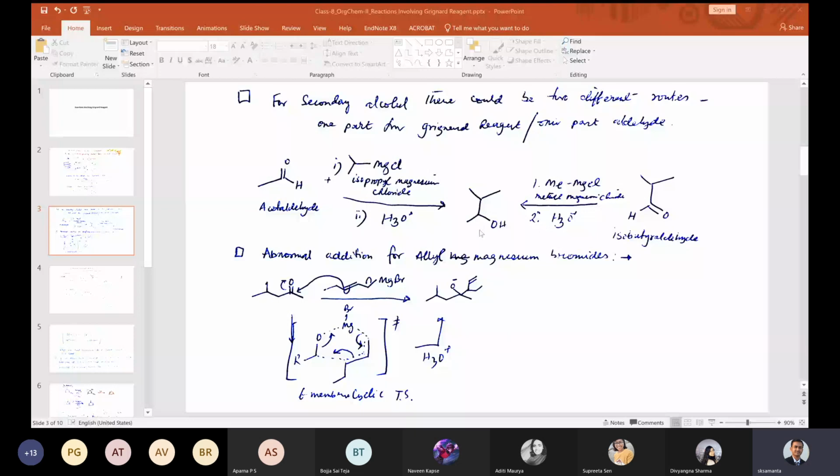One way is you can cut here. So this isopropyl group can come from one portion and you can take aldehyde here, or you can cut here so that this aldehyde can come from one portion and this methyl magnesium bromide can come from the other side. Did you see what I am saying? This is very important.